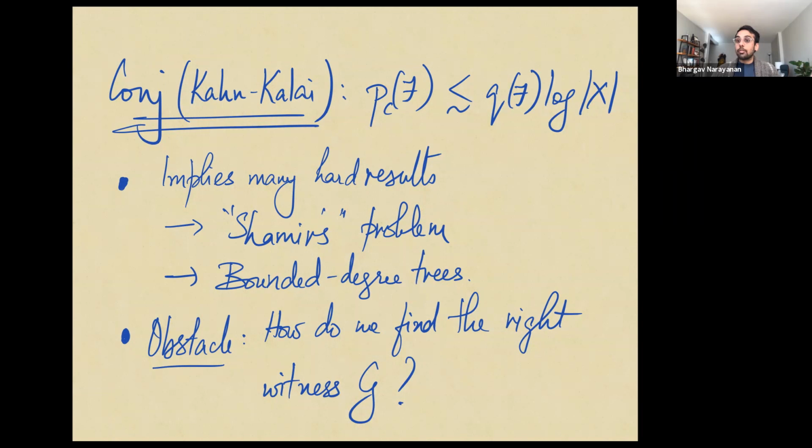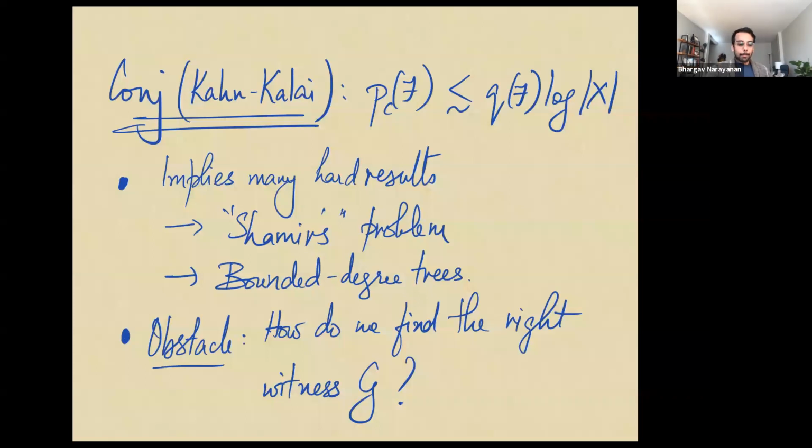There is the caveat that the two things I mentioned have since been resolved, but the proofs that were initially obtained were really rather difficult. Shamir's problem was solved by Johansson, Kahn, Wu. Bounded degree trees were worked out by Richard Montgomery. Both of these papers are long, technically challenging, and serious bits of mathematics.